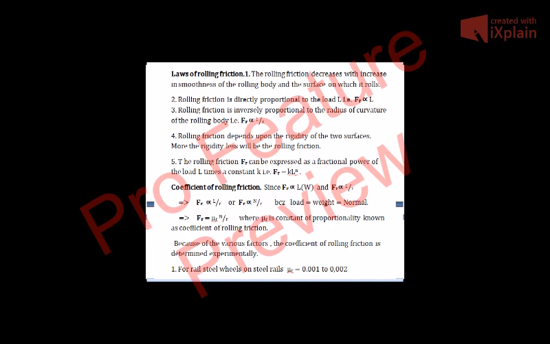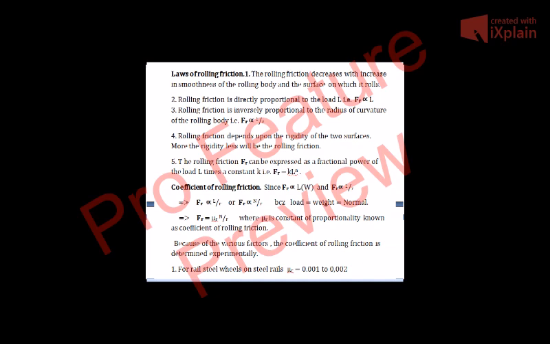Rolling friction depends upon the rigidity of the two surfaces. For example, let me take the example of two wheels, one of the horse cart and the other of a truck, whatever you call it.